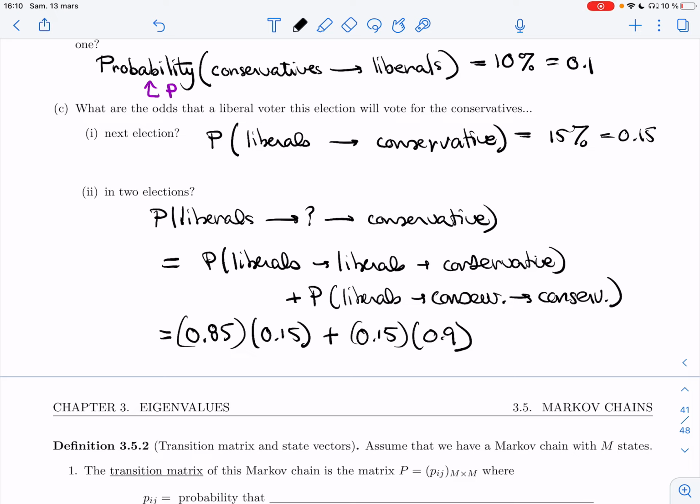And so all in all, what I get is 0.1275 plus 0.135, which gives me a probability of 26.25%.